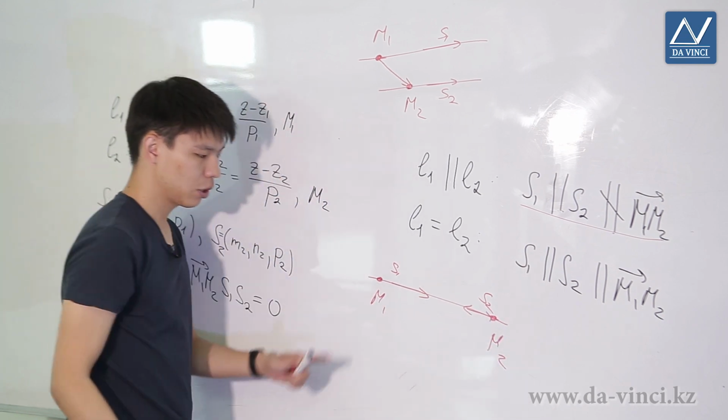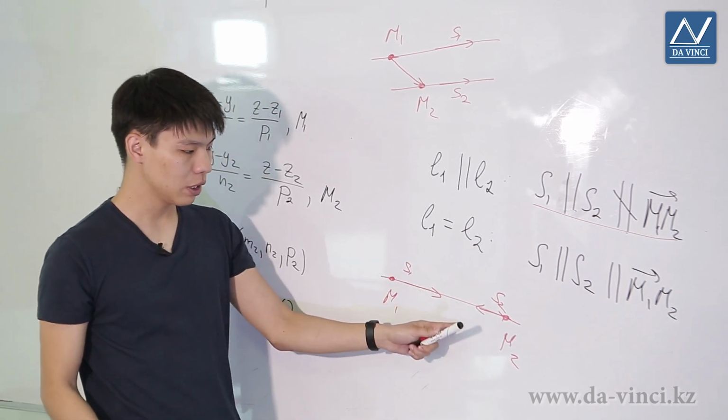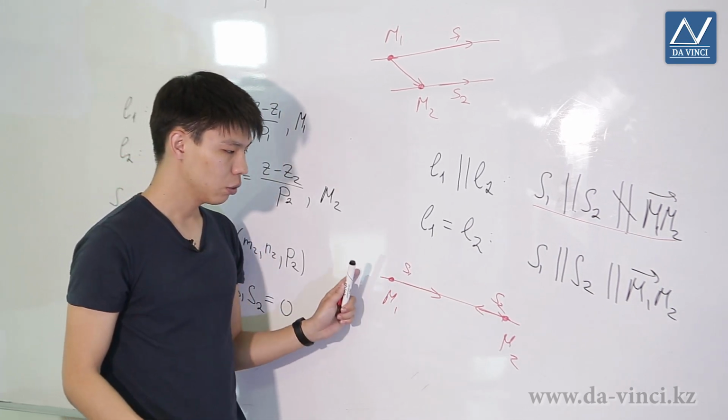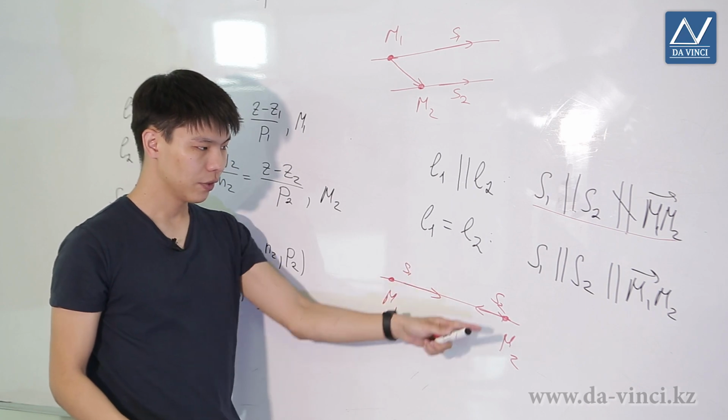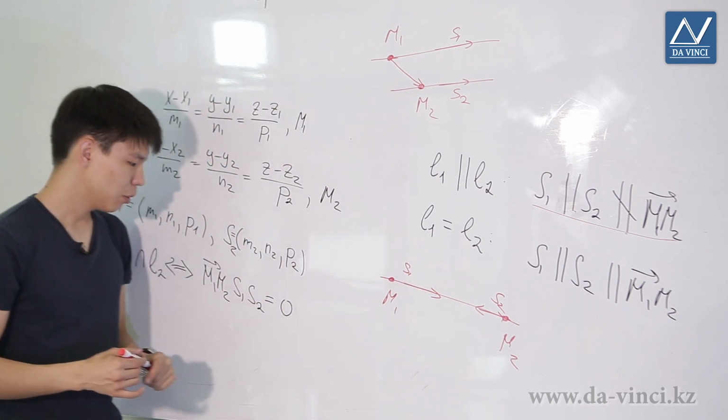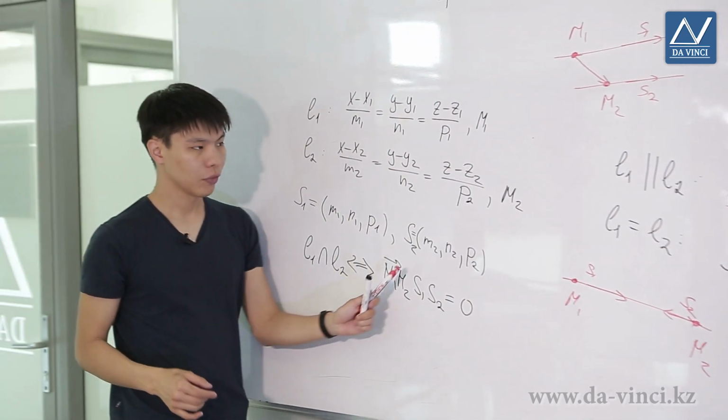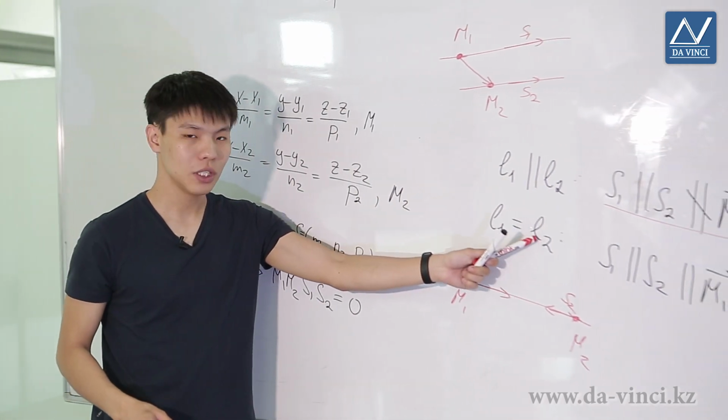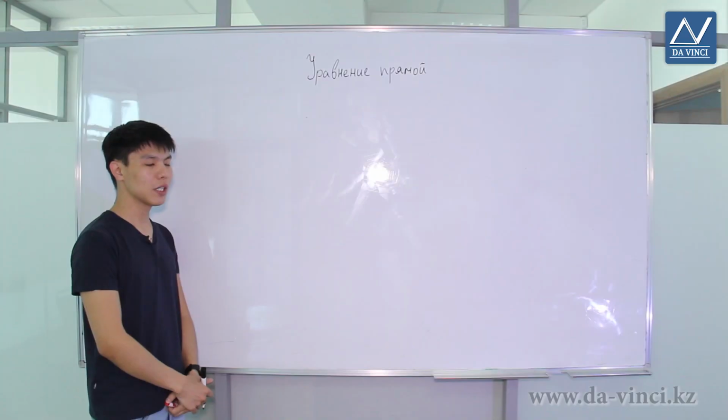If we take a closer look at all of these vectors, we'll see that they are collinear to each other, because they lie on one line. That is, these lines L1 and L2 will coincide in this case. Thus, according to these three conditions, we can determine the mutual arrangement of two lines in space.